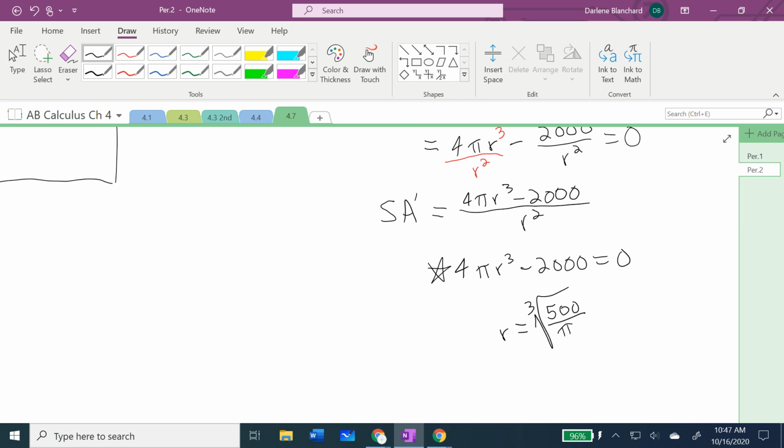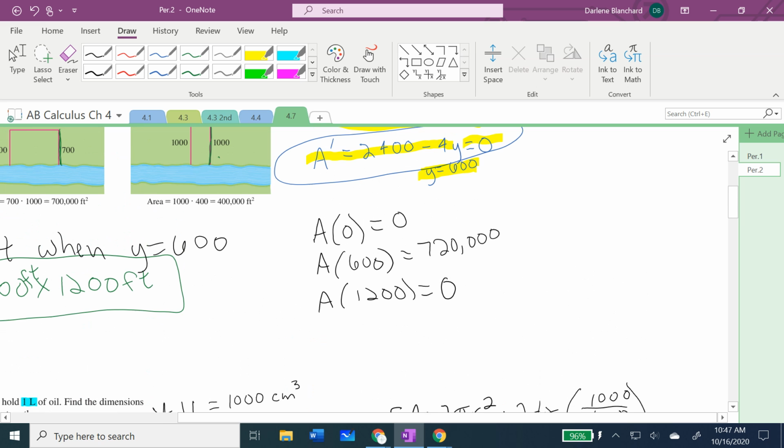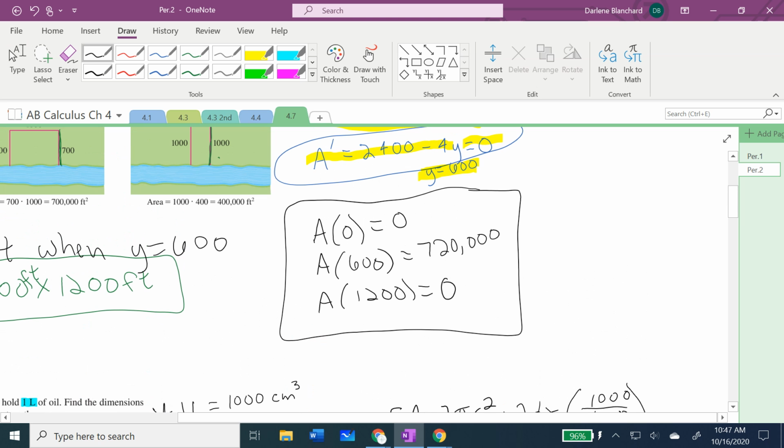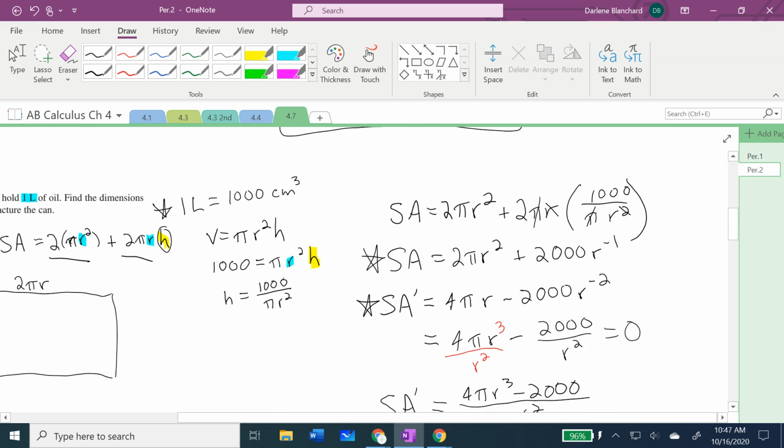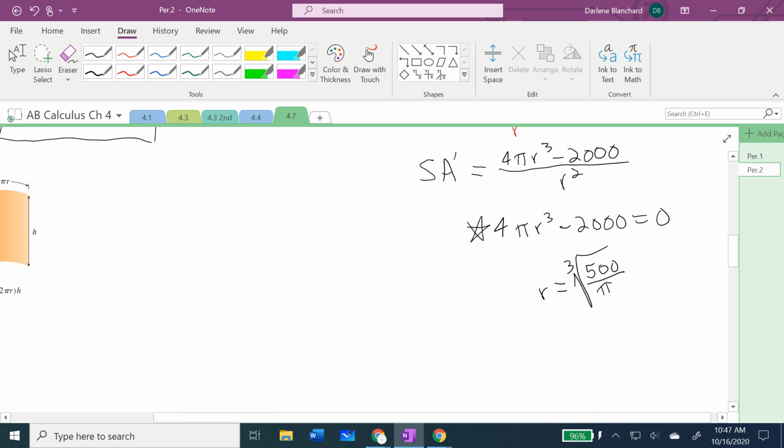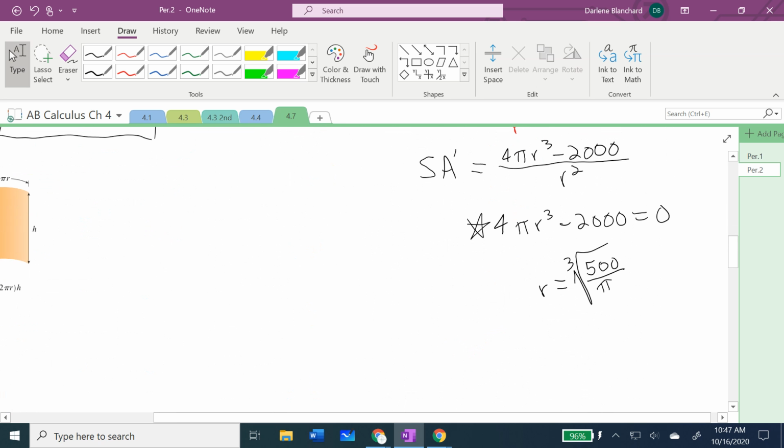So I showed you the proper justification a moment ago if you have specific endpoints and all your critical numbers between the endpoints. That is a justification acceptable in the AP exam. But if you don't have endpoints to compare, you are probably in a situation with one critical number only.